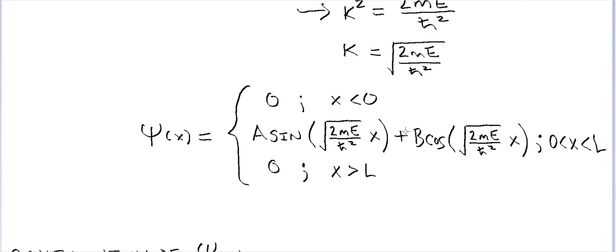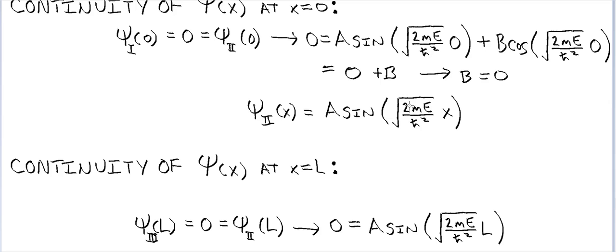In other words, we could just cross out this term in our psi of x function. In other words, psi of x in region 2 just has to be a sine kx. Hooray.